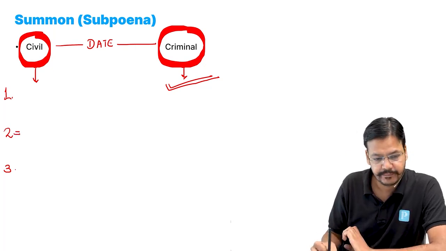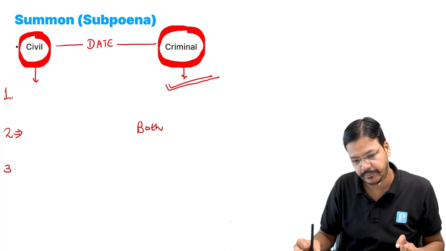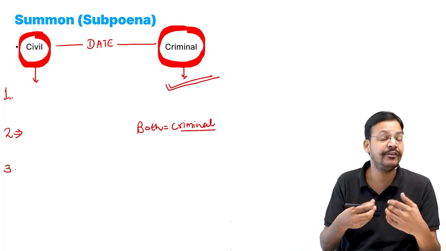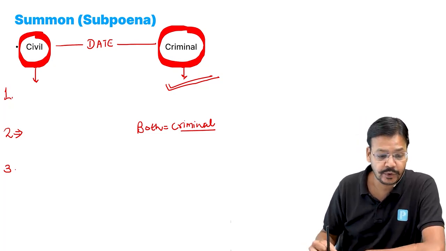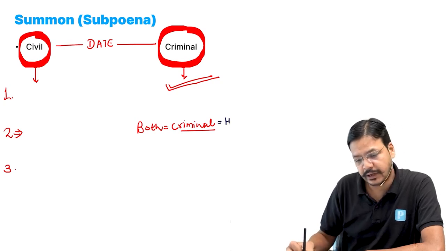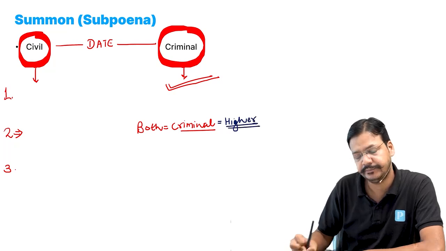Now, sir, if both courts are criminal, or if both courts are civil, what would you do? Sir, if both courts are criminal or both are civil, you will attend the higher court.